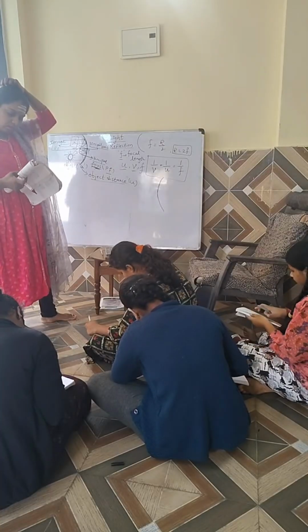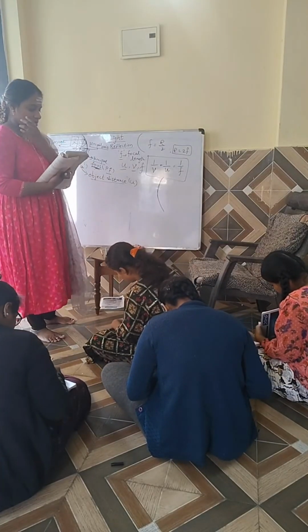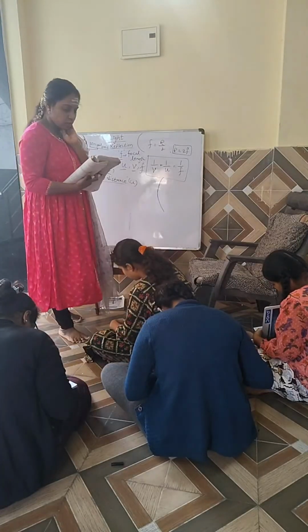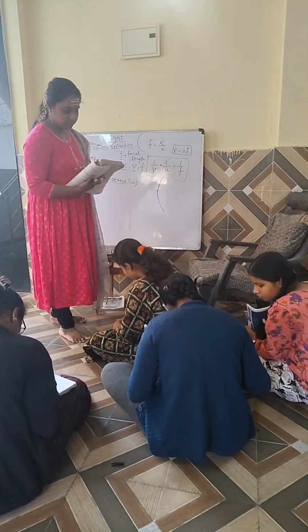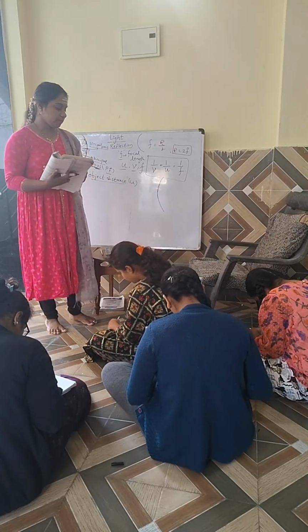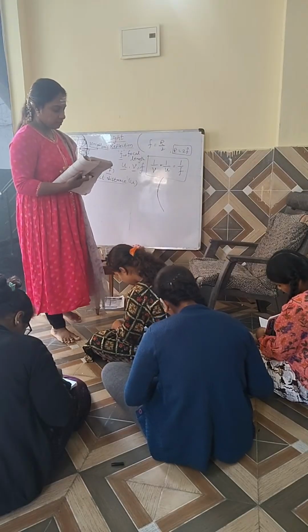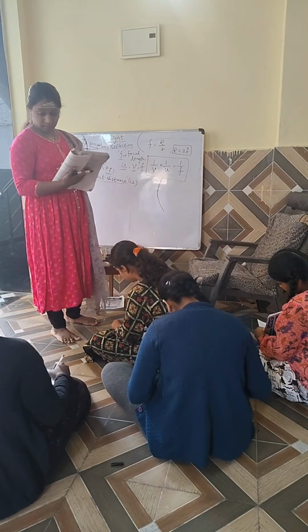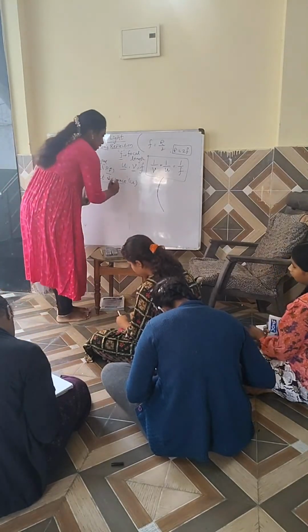A convex mirror has a radius of curvature of 3.00 meters.